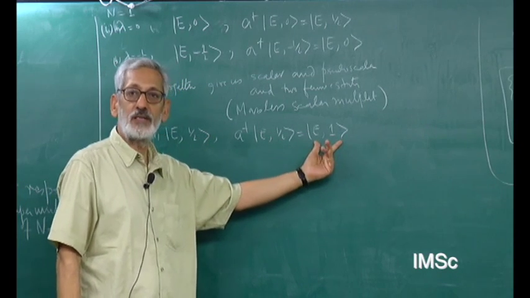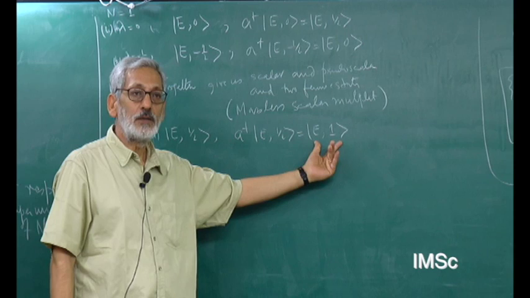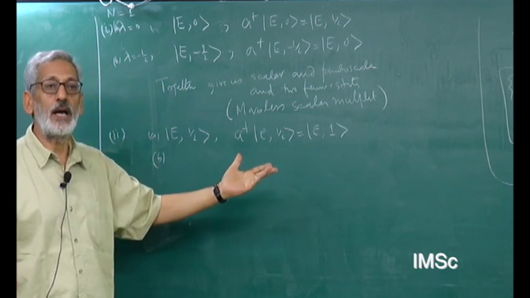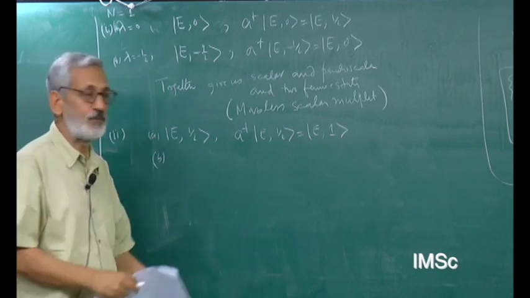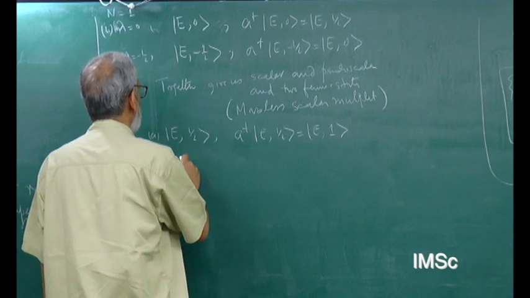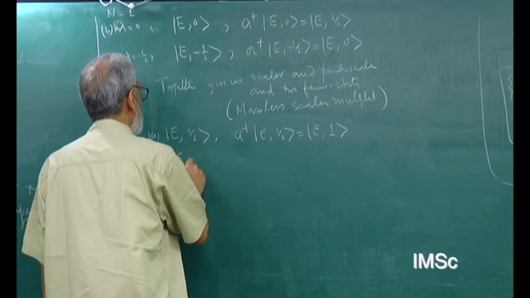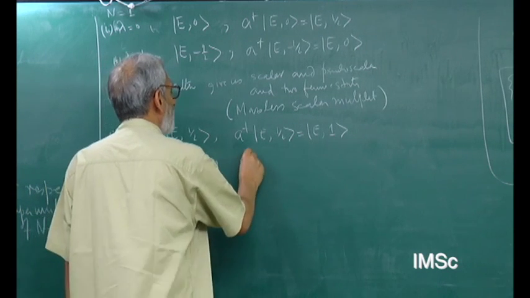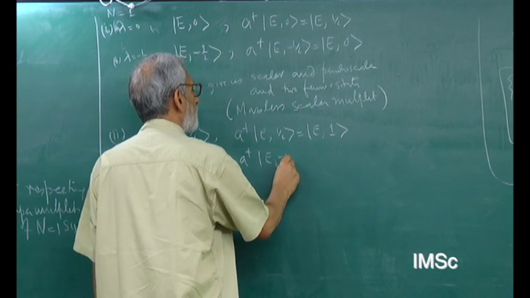This is a boson, helicity 1. Again, I have to add the CPT conjugate states there. So I start with E minus 1, apply A dagger to it.